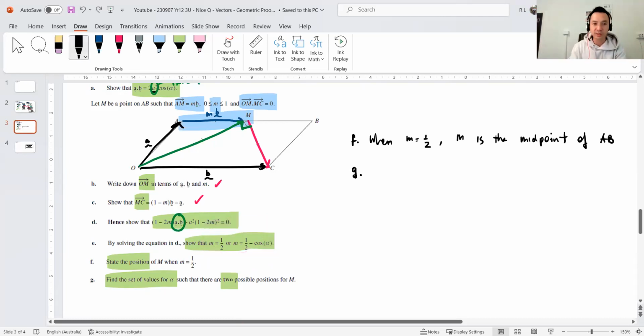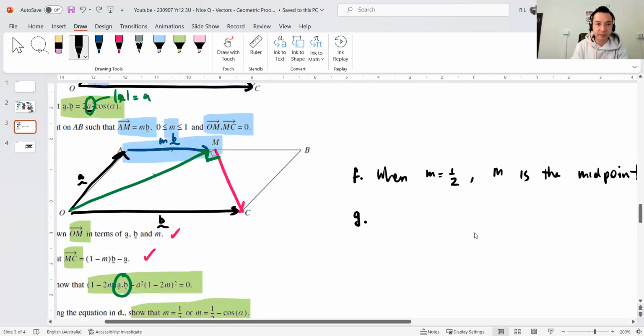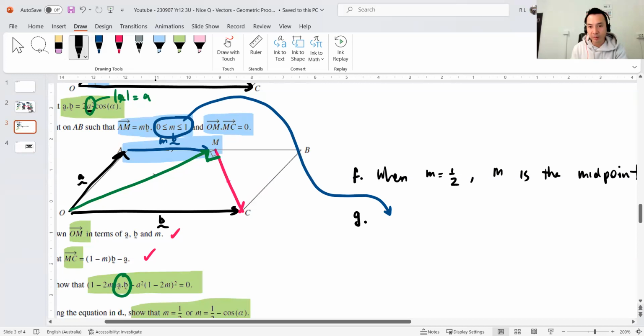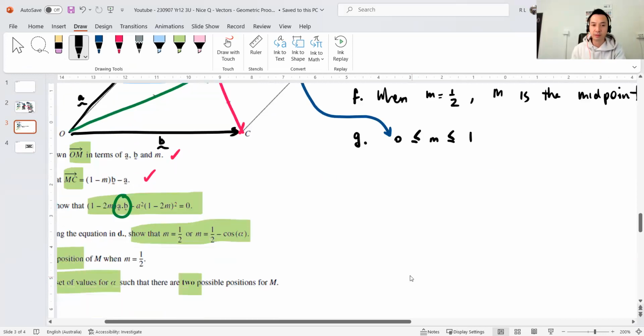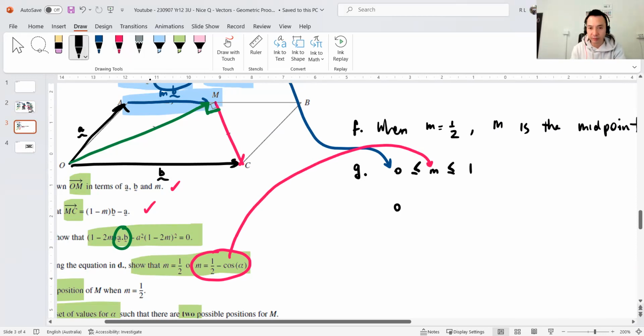So I'll tell you what I'm trying to do. So I know from this bit here that M is between 0 and 1. So I'm going to plug this value of M into here. So then it goes 0 is less than half minus cos alpha, less than 1.